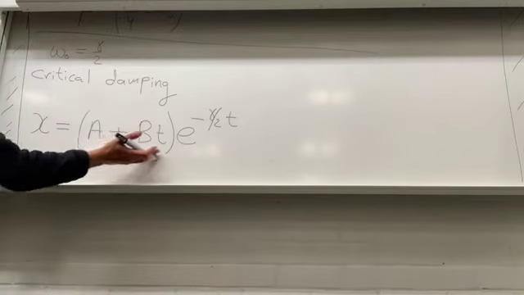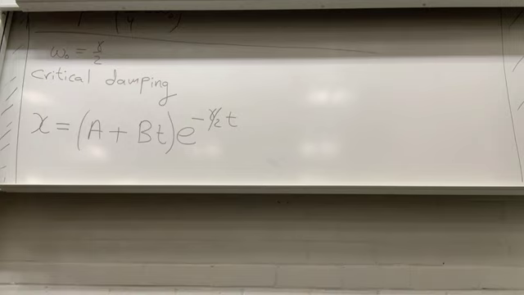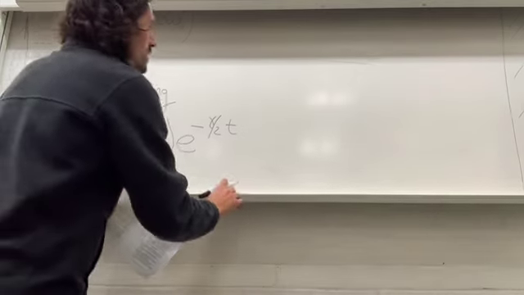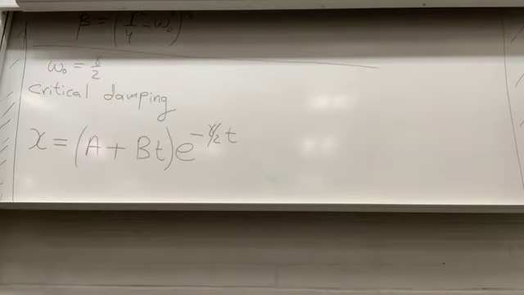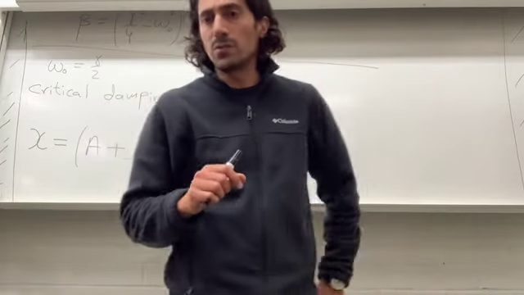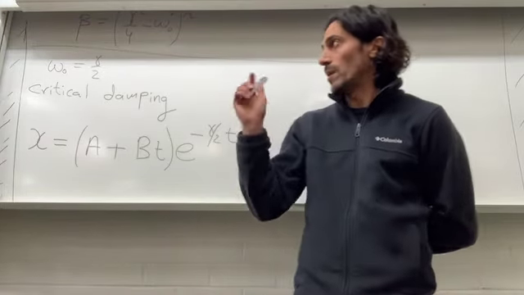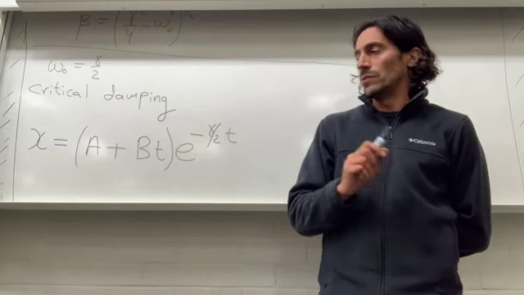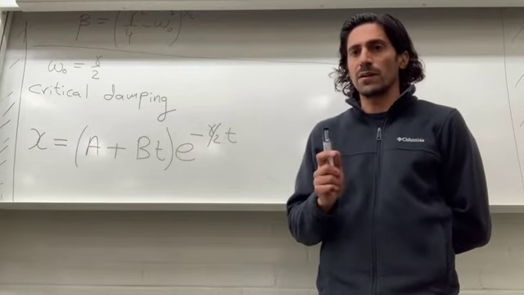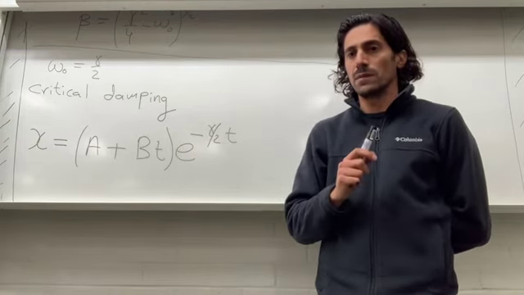Here you have also this linear growth. So these are the three cases, and with this I'm concluding the lecture today. There's one more thing I would like you to watch about the three different scenarios, and you're going to see this in the video.